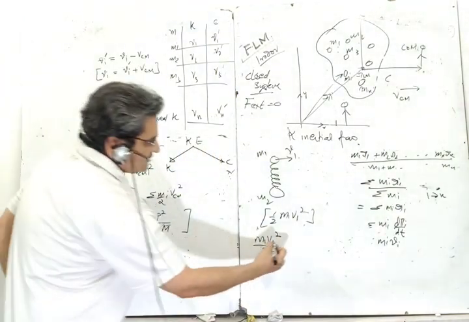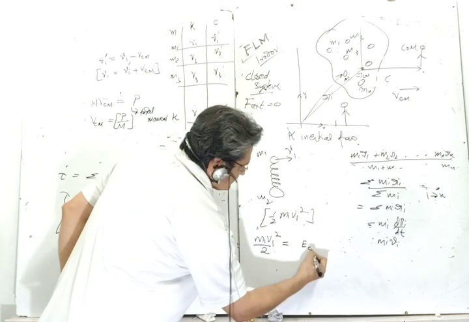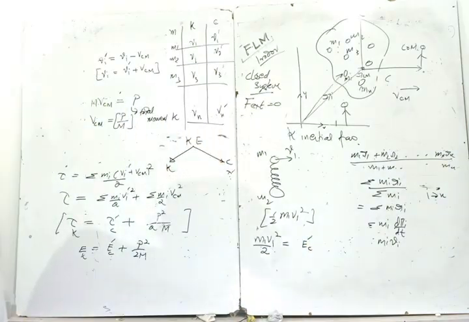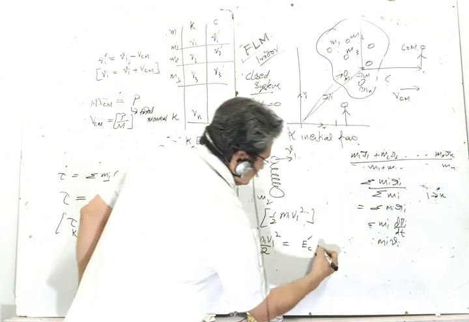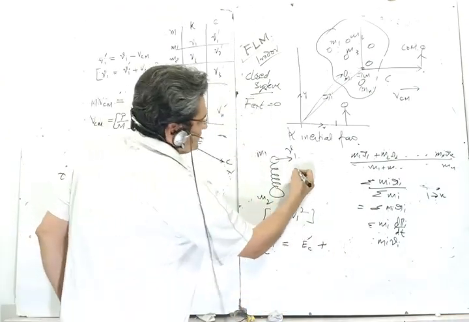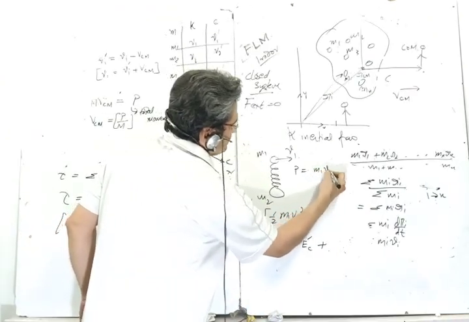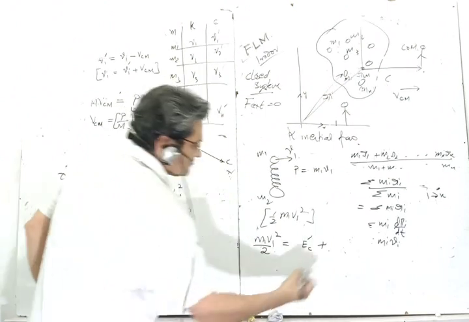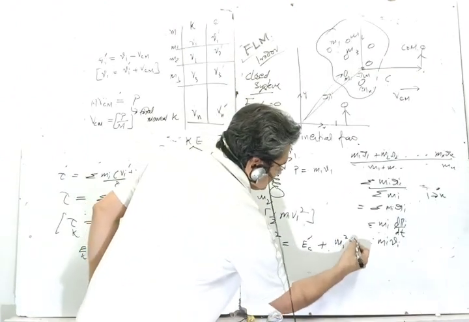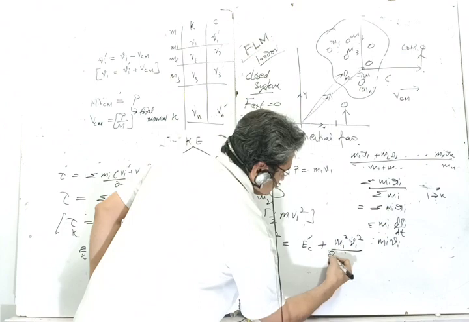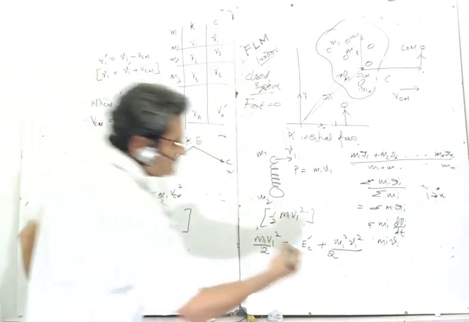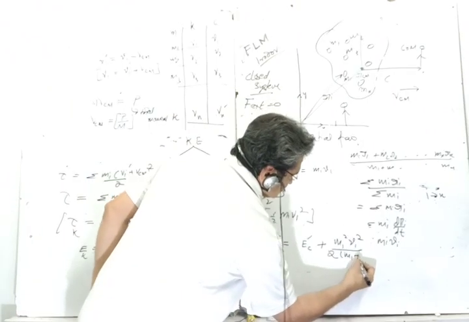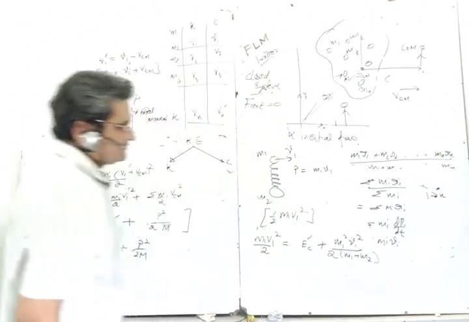We have to find the total mechanical energy in C frame. And what is the value of P? Value of P is m1 v1. So it is m1 square v1 square upon twice, don't write m1 plus m2, that is the total mass.